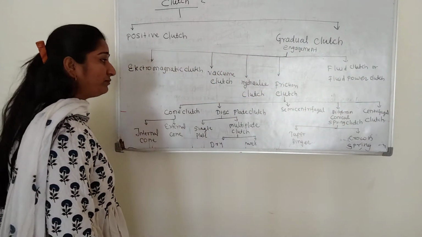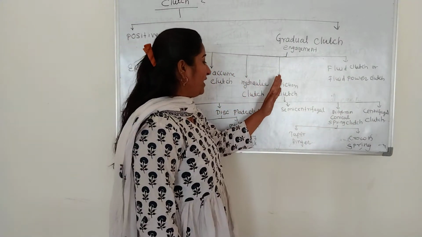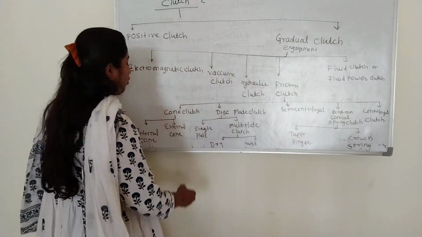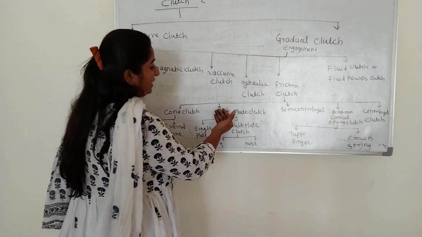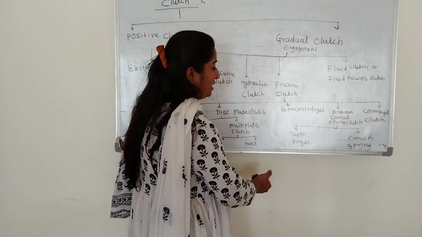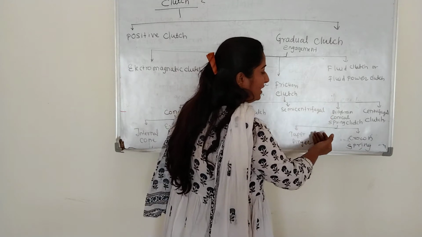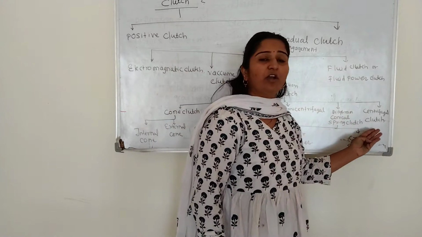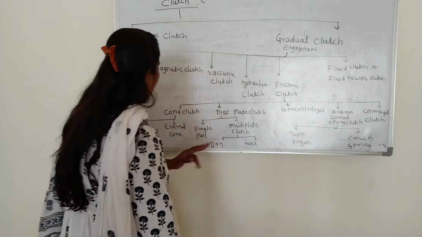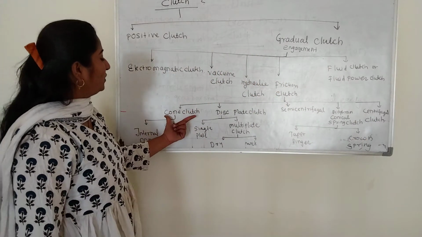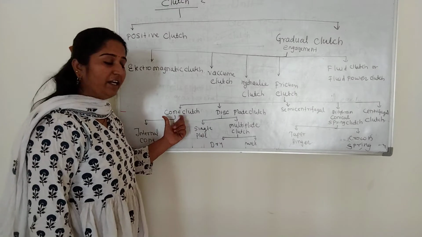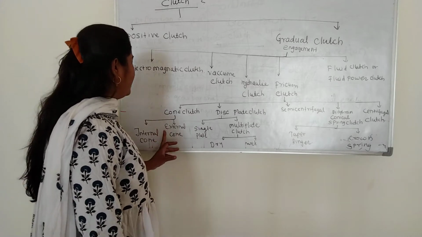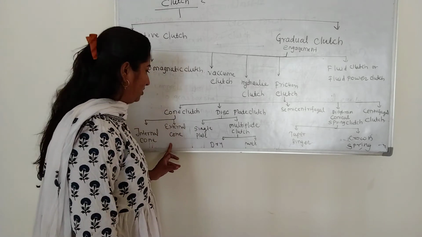The friction clutch is again subdivided into the cone clutch, disc plate clutch, semi-centrifugal, diaphragm conical spring clutch, and centrifugal clutch. The cone clutch is subdivided into two parts: internal cone clutch and external cone clutch.